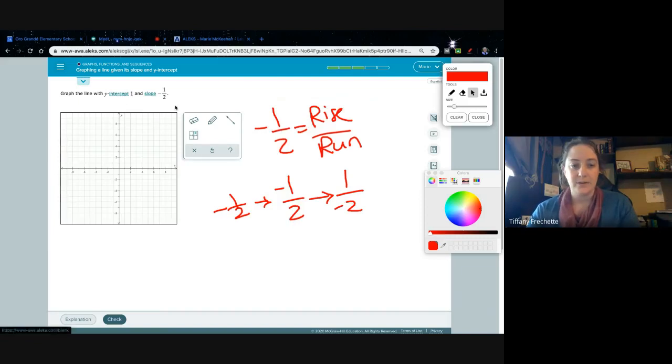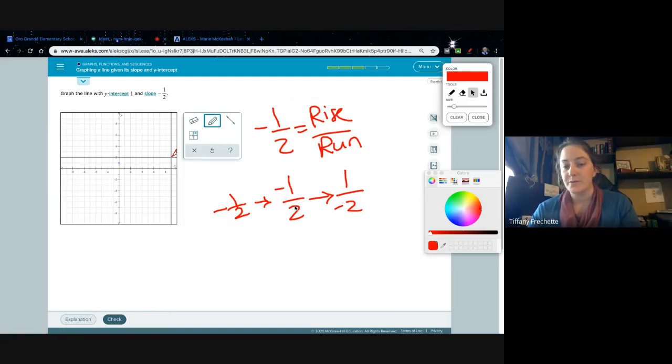Let's do our y-intercept of 1. It's a positive 1, so from the center, I'm going to go up 1 and click. Then from that point, I'm going to use my slope, but I need to choose: am I using -1/2 or 1/-2?